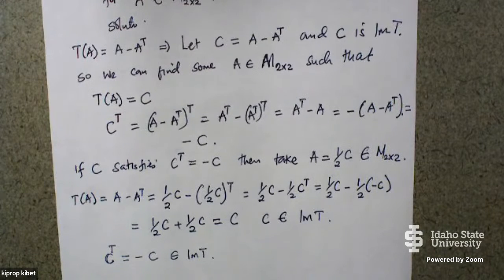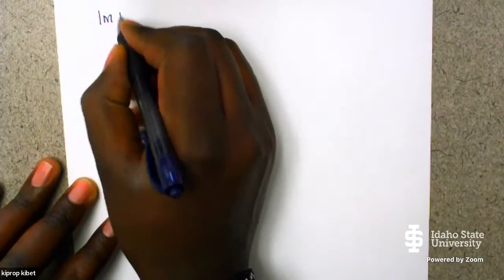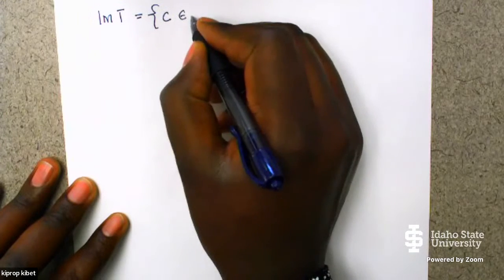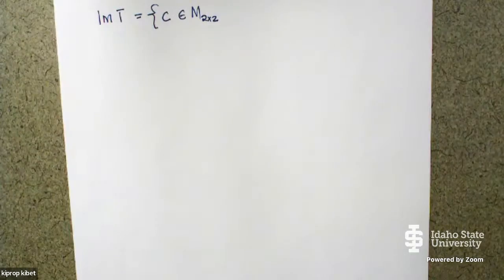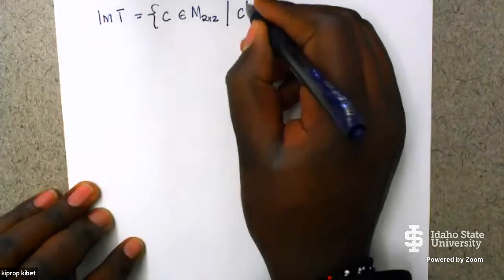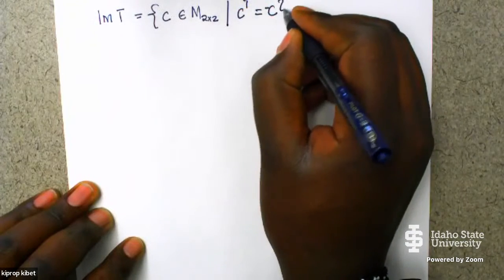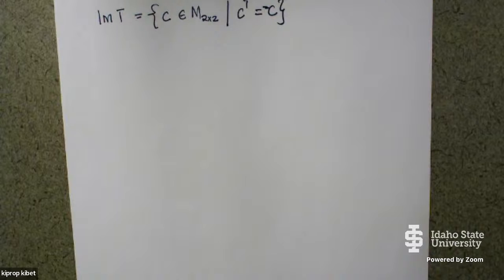Now, if the image of T equals C, which is an element of M 2 by 2, then we realize that C transpose is equal to minus C. So what is the matrix?